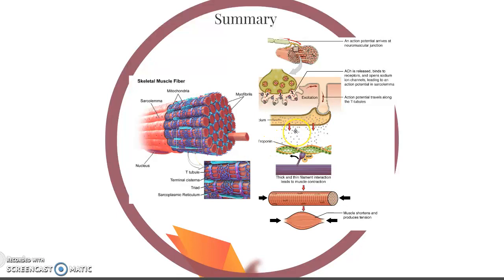And calcium, when it is released, goes and binds to troponin. We have actin filament and myosin filament. Troponin is located within the actin filament, which is a thin filament. We will talk about them in detail next lesson. So that will cause the muscle to contract. Here is a relaxed form of the muscle. Here is a contracted form of the muscle.